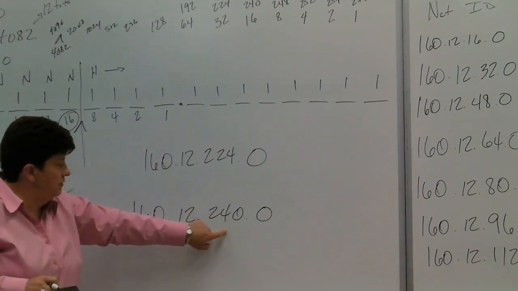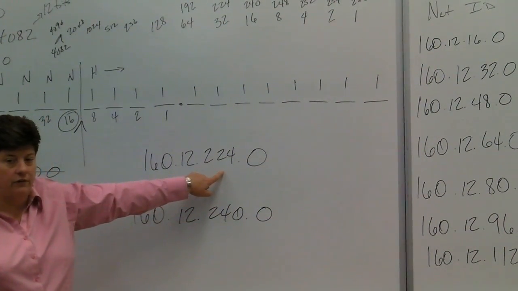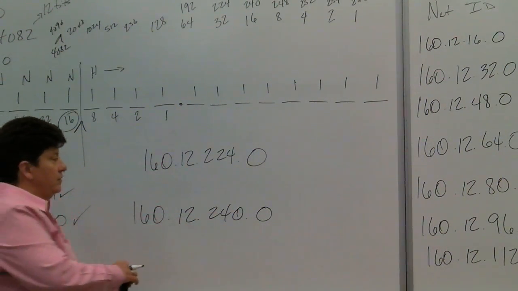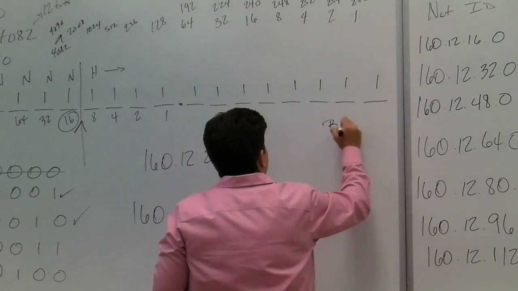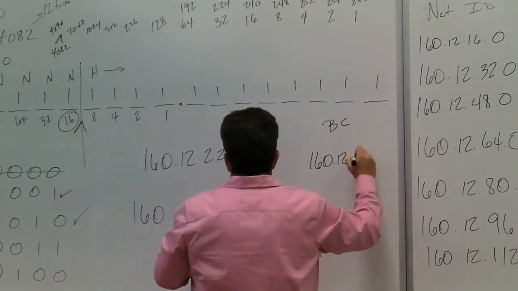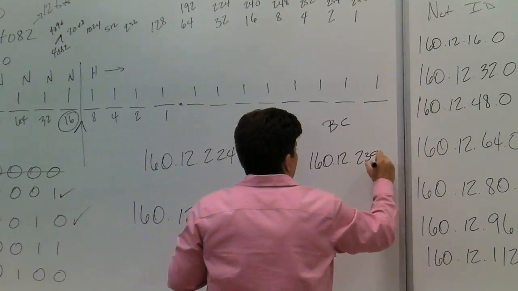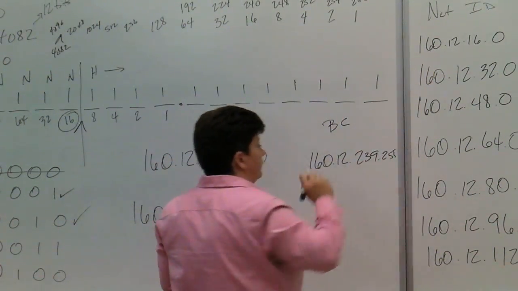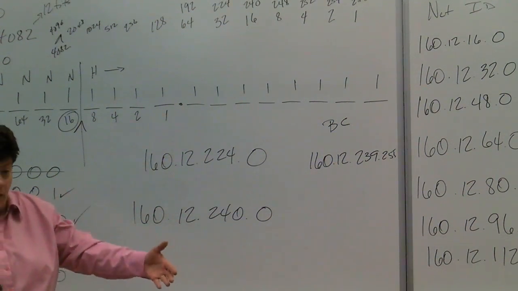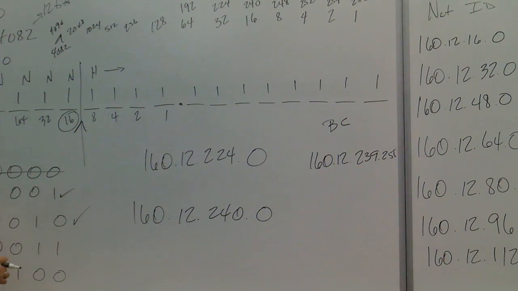Now what's my broadcast on this one? One less. So my broadcast for this is 160.12.239.255. All zeros on the network side is the original address I was given.